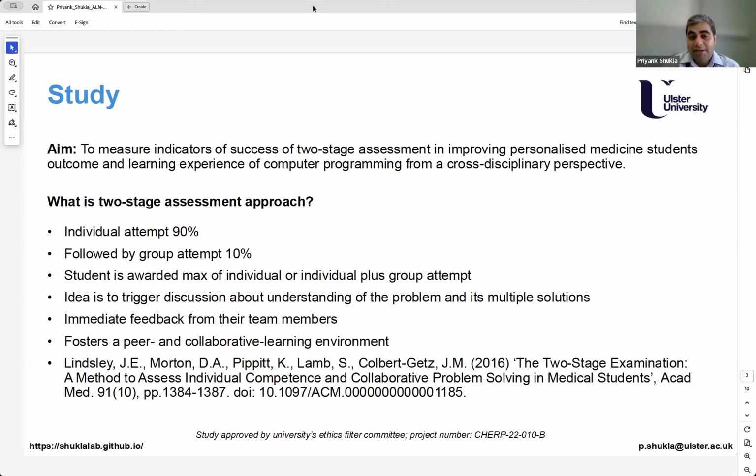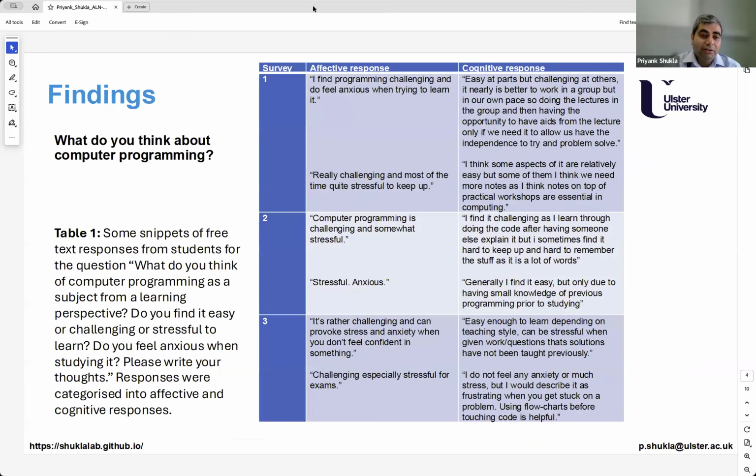So that was the idea of running this particular study. Now, what we found here is that in terms of their free text responses, and here are a few examples which we got when we asked them, what do you think about computer programming? We can broadly divide them in terms of affective response and cognitive response.